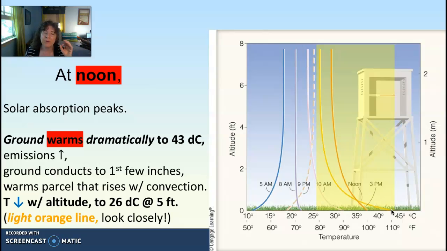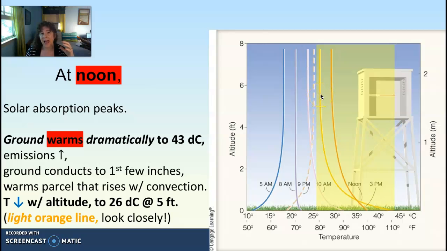We normally record temperature at the altitude, at that 5-foot altitude up here. We record it through a weather station, and we record at that height just to avoid those big extremes at the surface level. Things are a lot different at 5 feet. And what you're noticing there is that this 5-foot level is a lot more moderate.